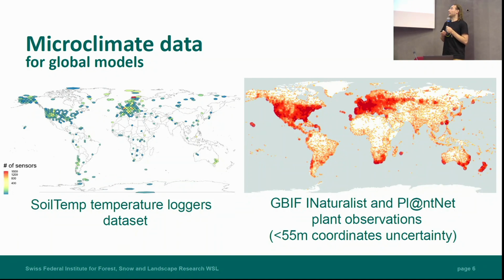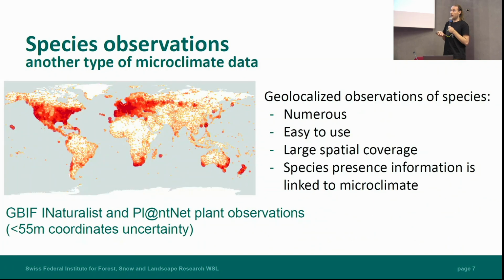And so we can bring way more data points and way more information if we can make interesting use of this information. These species observations, in addition to being numerous, are also easy to use because you just need the species you observed and where you observed it, and you can do a lot with that. And there is a lot of spatial coverage, and as we know, they are somehow linked to microclimate.